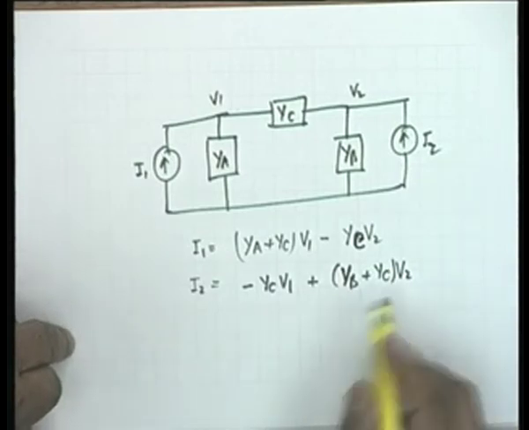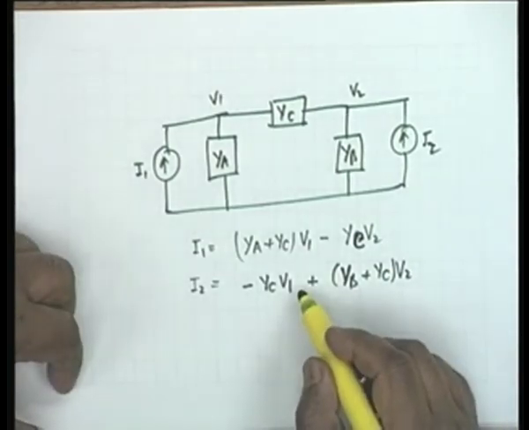The mutual admittance remains the same. What I am trying to do now is to find V1 and V2.